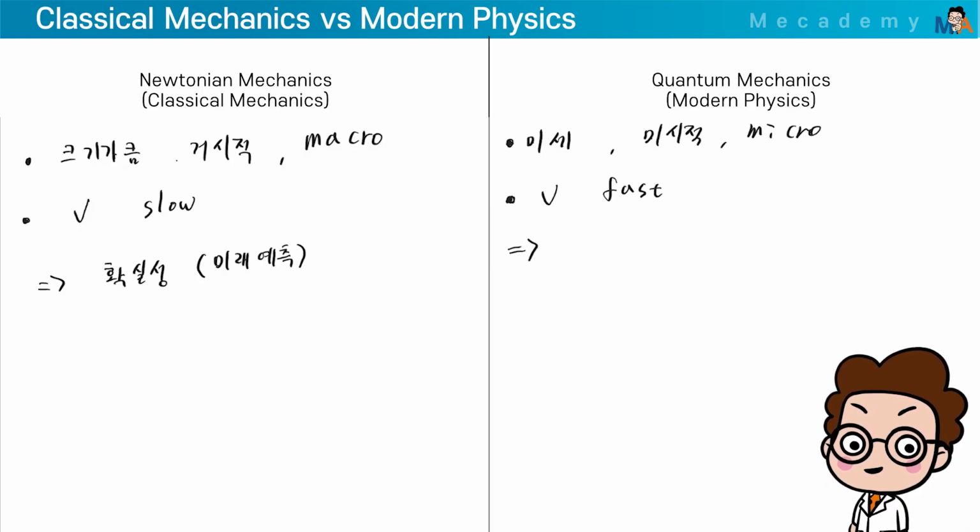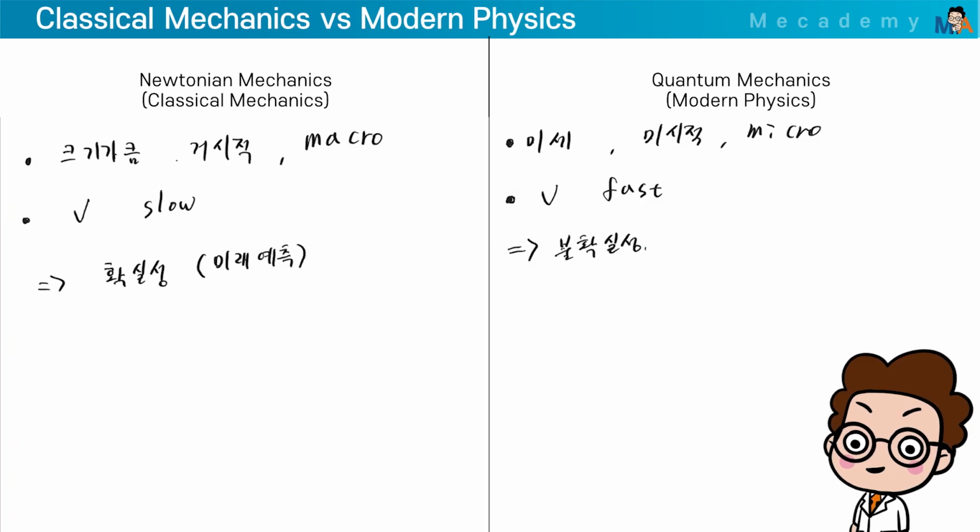That's why the uncertainty principle is the core concept. An object might be in a certain place, or it might not. It's moving so fast that you simply can't be certain of its exact position, whether it's here or over there. So, while these two fields are different, our focus will be on the concepts of certainty and future prediction.